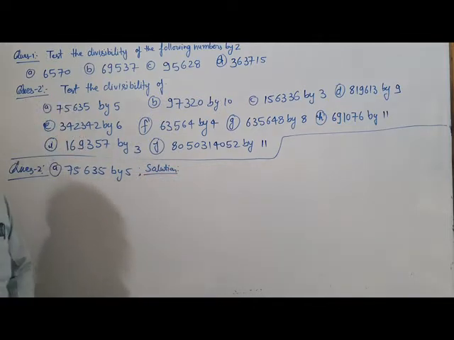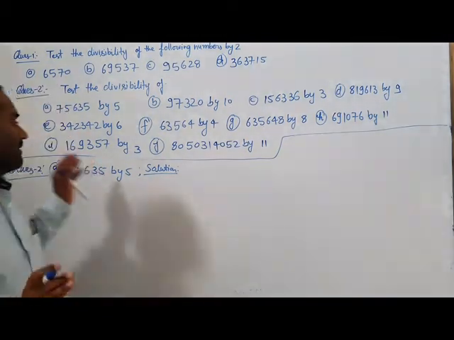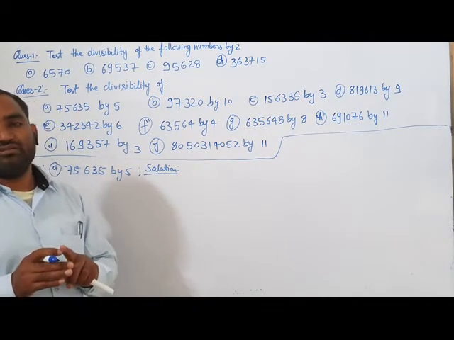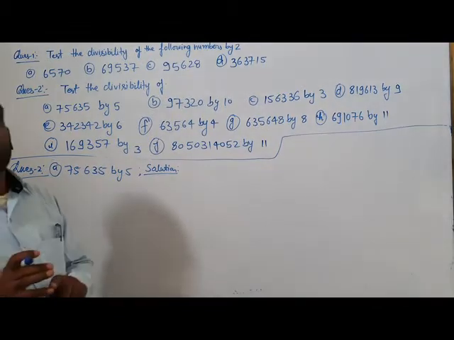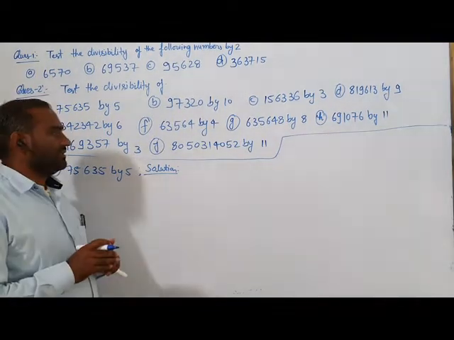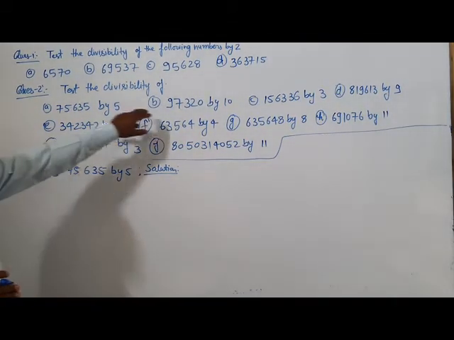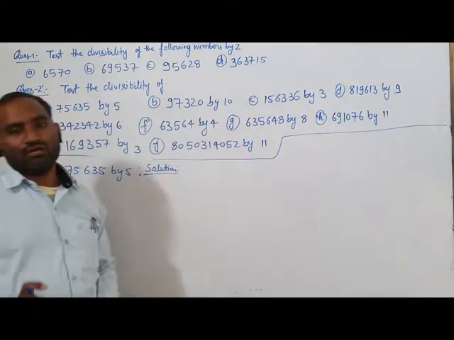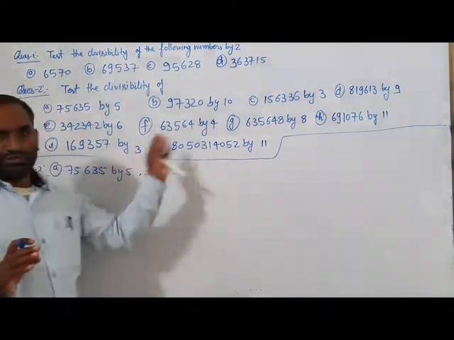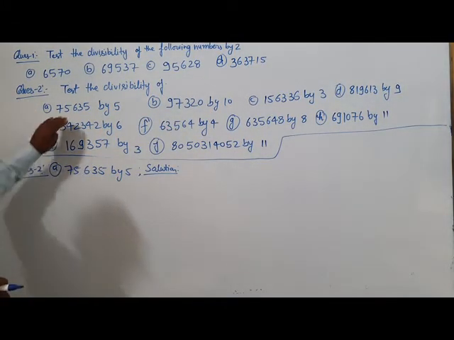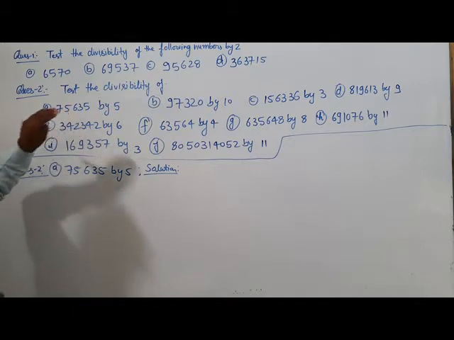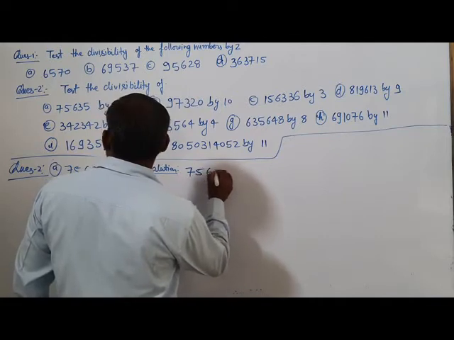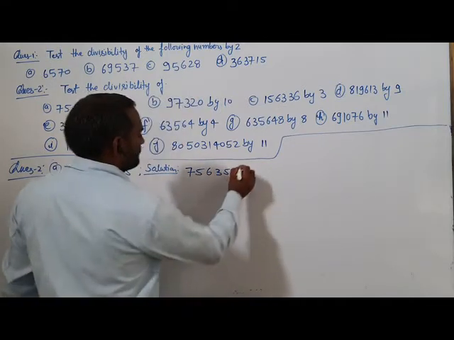If you have learned the divisibility of 2, 3, 4, 5, 6, 8, 9, 10, 11, then you can test. For testing the divisibility, you have to learn the divisibility of the following numbers. So we test the divisibility of 75,635 by 5.